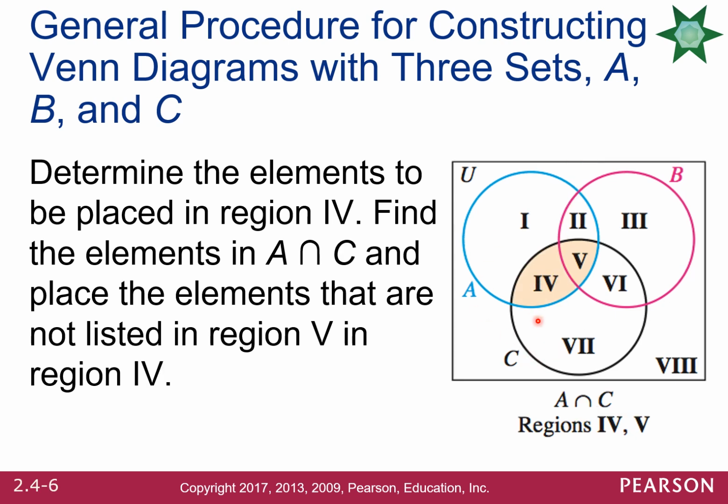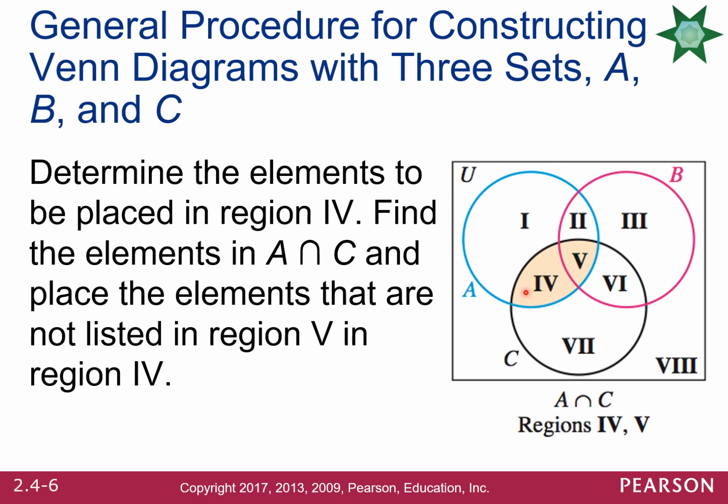We will now look at region 4, which is essentially bound by this black arc from the black circle representing set C and the blue arc representing set A, correct?